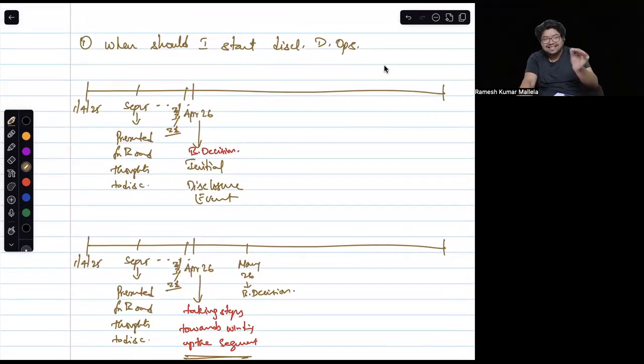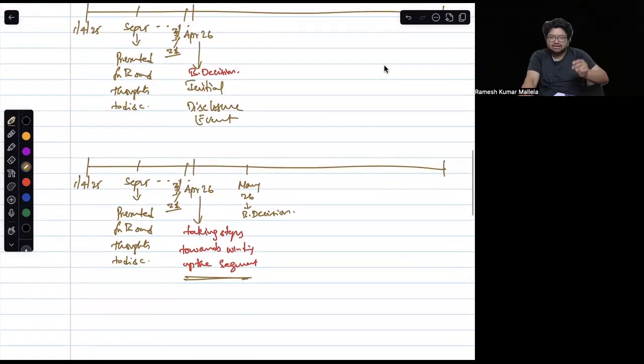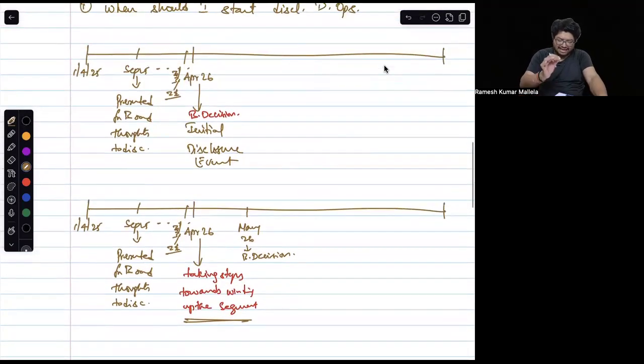Yes, sir. This disclosure, for how many years should you give it, is the next question. Okay, now the first disclosure, while it happens to be in April 26 in either of these cases, it will go on. My first discontinued operations balance sheet will be 31st March 27. First discontinued operations balance sheet.